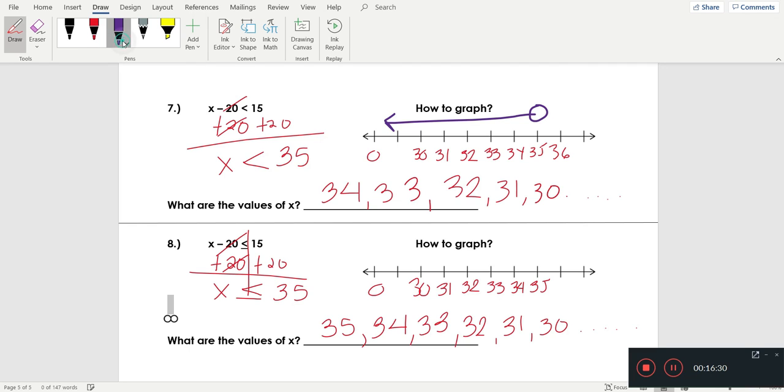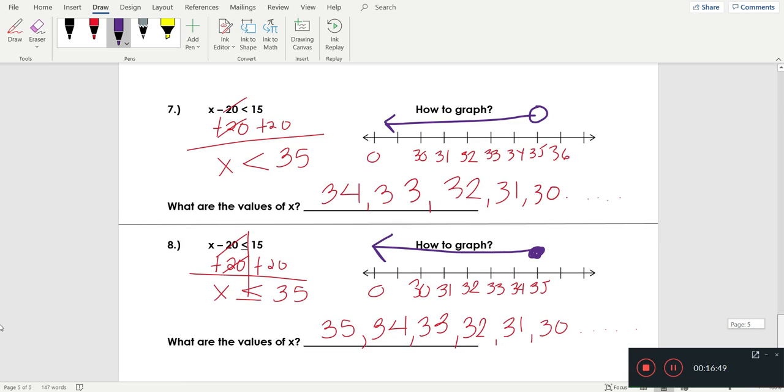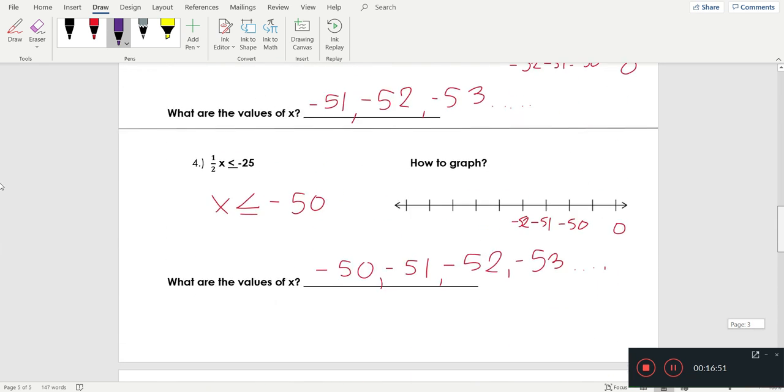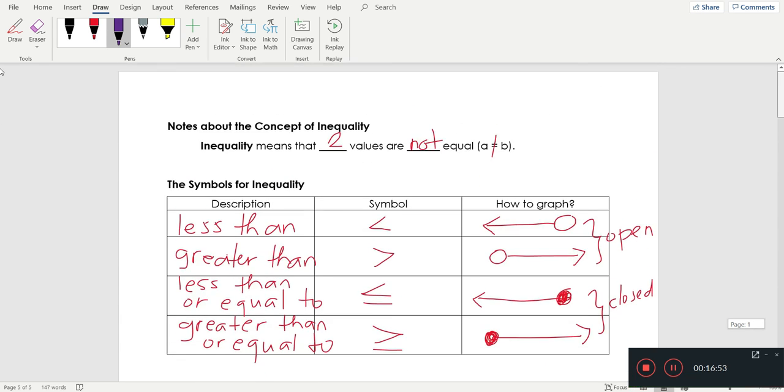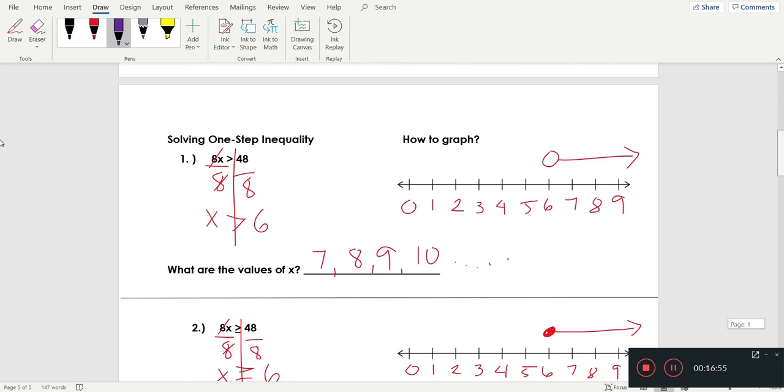Okay, so since 35 is included in my list of values of x, I'm going to make a closed circle with the line to the left. Okay, so this is nice, and hopefully I am not confusing you but giving you a clear understanding of how to solve this kind of inequality.